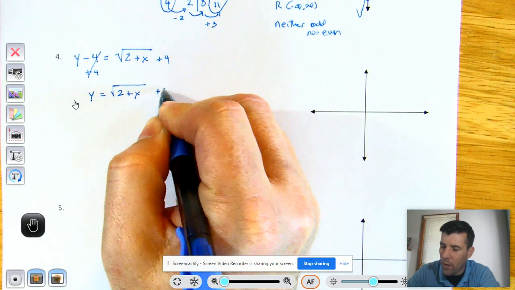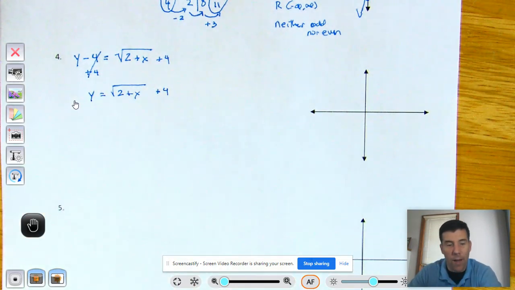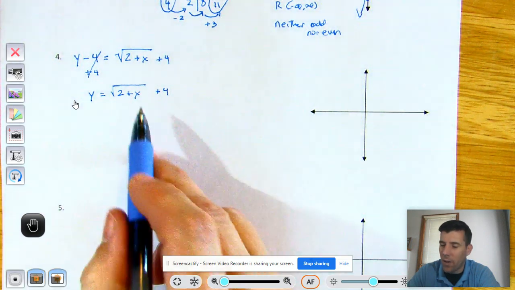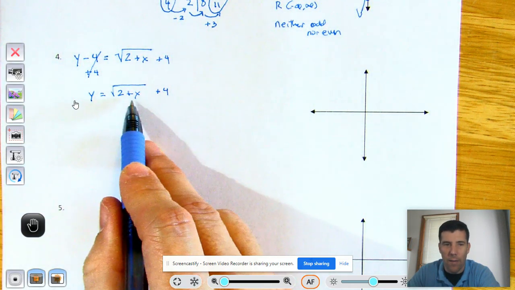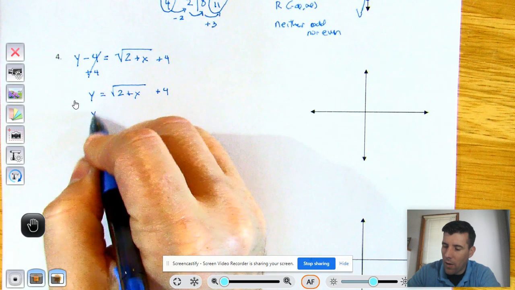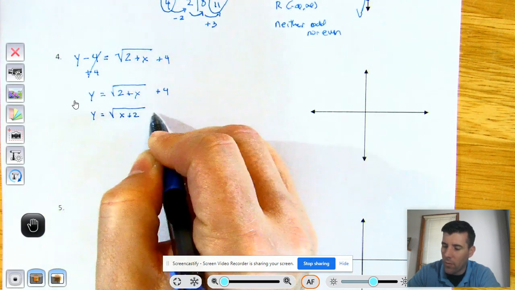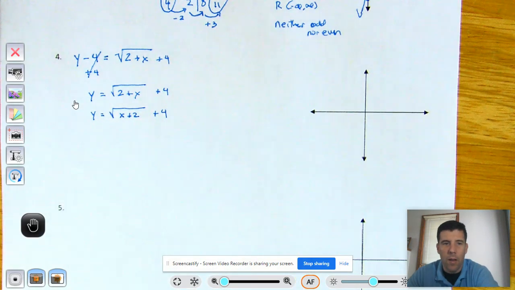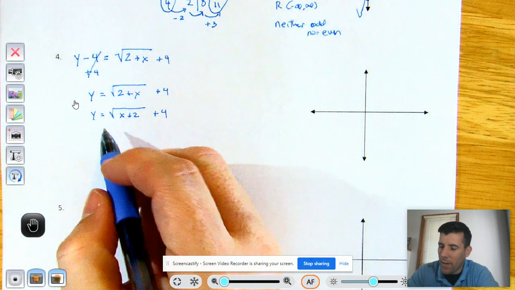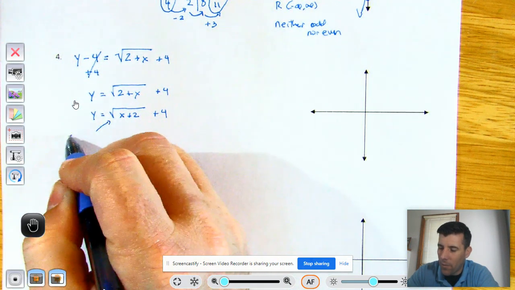Now we know that with the addition right here, it doesn't matter what order we add. So some people are used to seeing it as y equals radical x plus 2 plus 4. But those are the same thing. All right, so what's going on? We recognize that the function we're looking at is the square root.